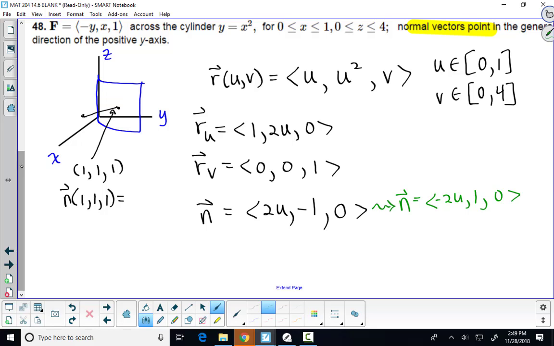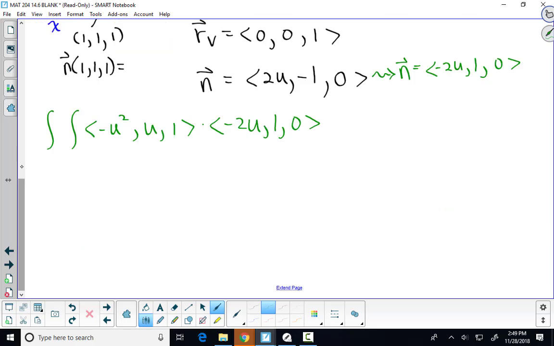So we go to our parameterization to convert our field into u's and v's. So we're going to have the double integral of the field, -u squared, comma, u, comma 1, dotted with the normal that's now pointing in the direction that they suggested, and then du dv.